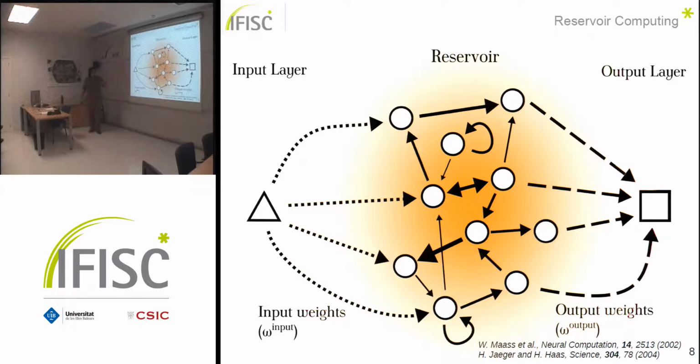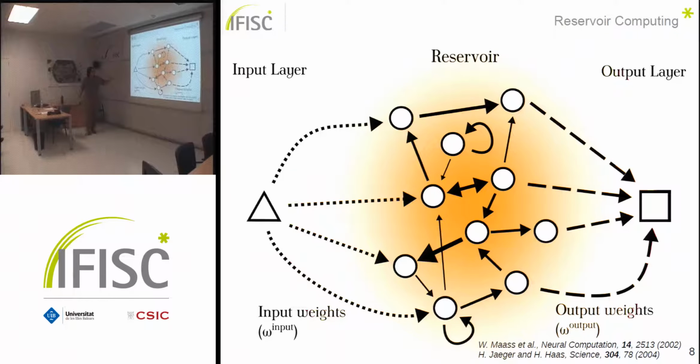In reservoir computing, you have again the nodes structured in 3 layers. The input layer again introduces information into your system, and then you have the reservoir. The reservoir is made of mostly nonlinear nodes, and they are basically randomly connected with each other. And you even have some recurrent connections in there.